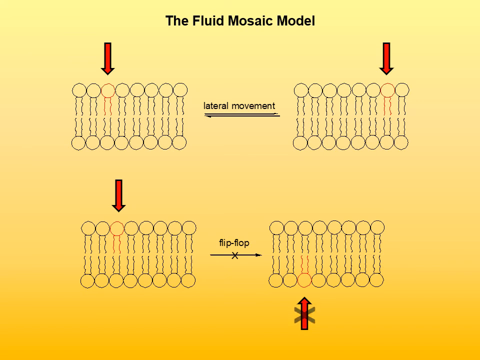So that process under ordinary conditions would proceed with a half time of about 10 days, which means for practical purposes it doesn't happen. But there are membrane proteins called flippases that are capable of flipping a phospholipid from one side of the bilayer to the other.